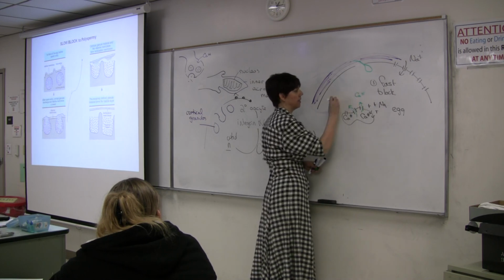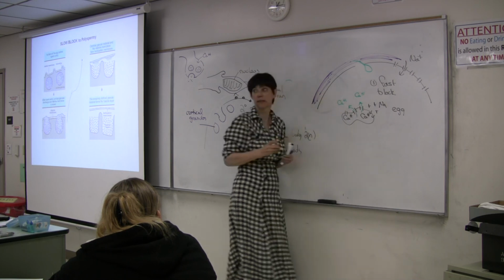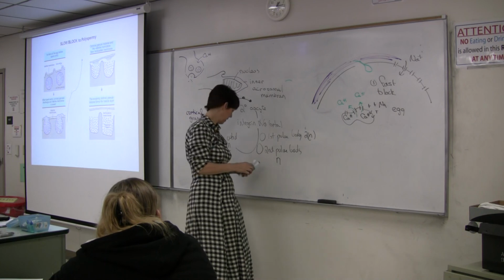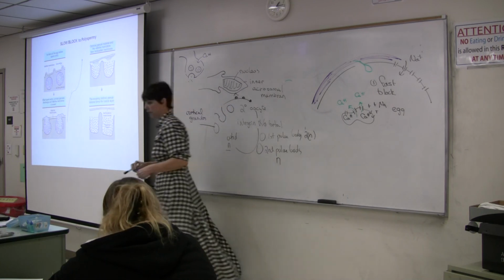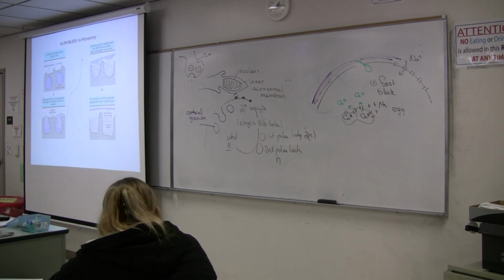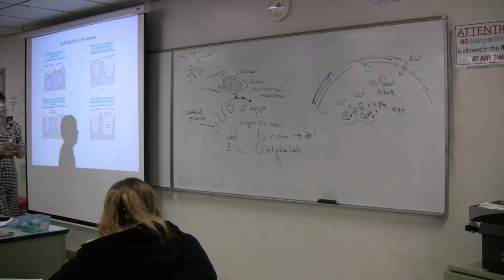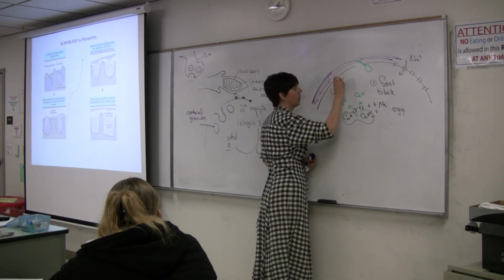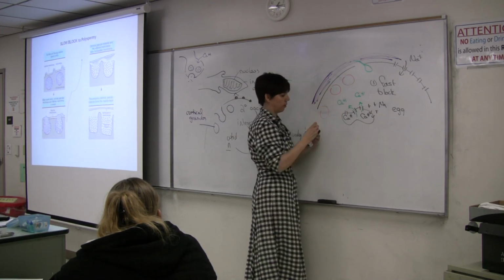Calcium ions will be released. And let's find a different color here. Calcium ions. That's already the second block, right? Now this is the slow block here.